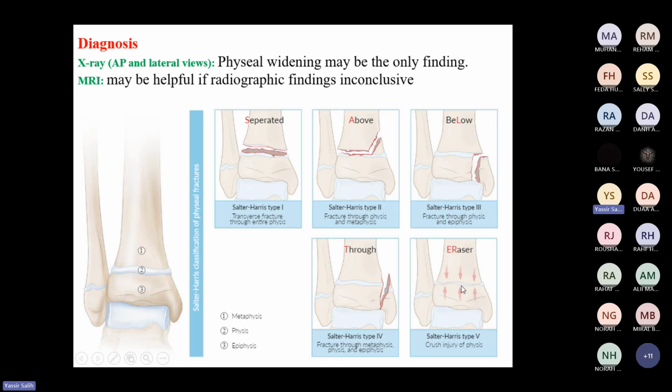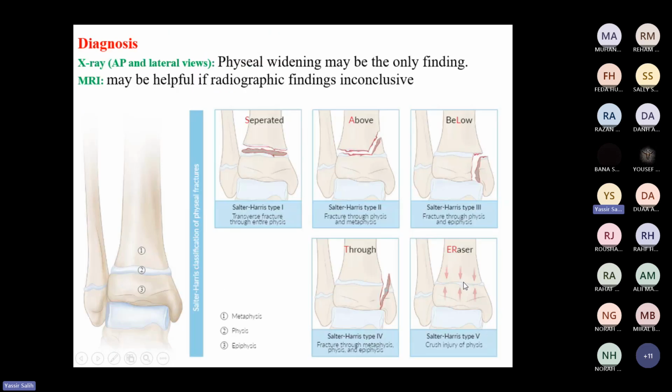Crushing means injury, and then calcification. What about the space? The space is decreased, reduced. On the plain X-ray there will be a reduction in the physis or cross plate.